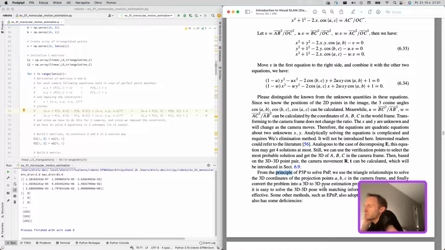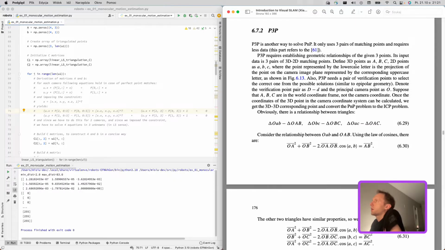From the principle of P3P to solve PnP, we use the triangle relationship to get the projection points in the camera frame.